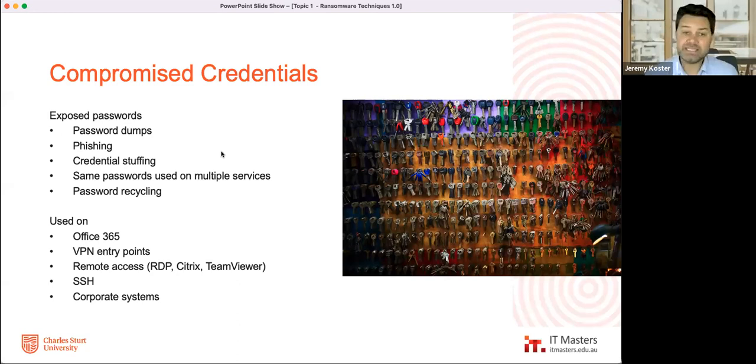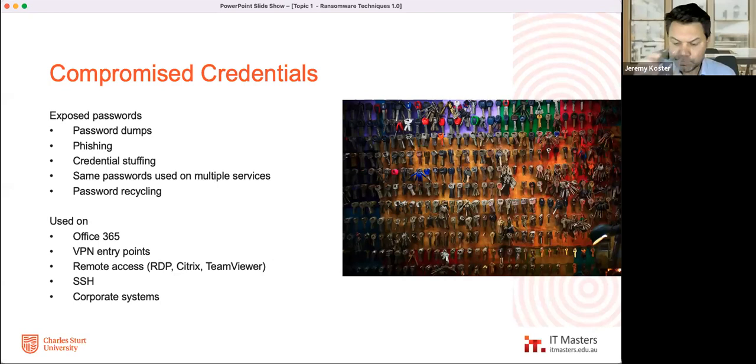Remote access systems: a lot of people put RDP, remote desktop protocol, Citrix and TeamViewer and things like that to be able to access their inside network. So those sorts of gateways are great ways of getting in if you've got credentials and are able to move to the next stage. There have been some cases of TeamViewer, even VNC, being used to get inside an organization and implant malware, and then they've got that stepping stone into the organization.